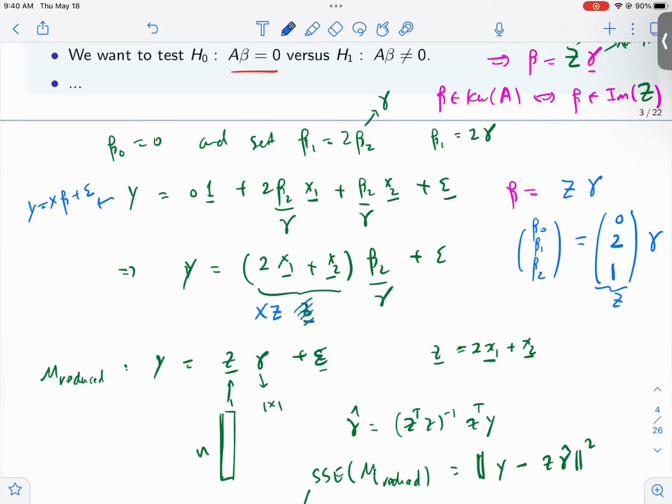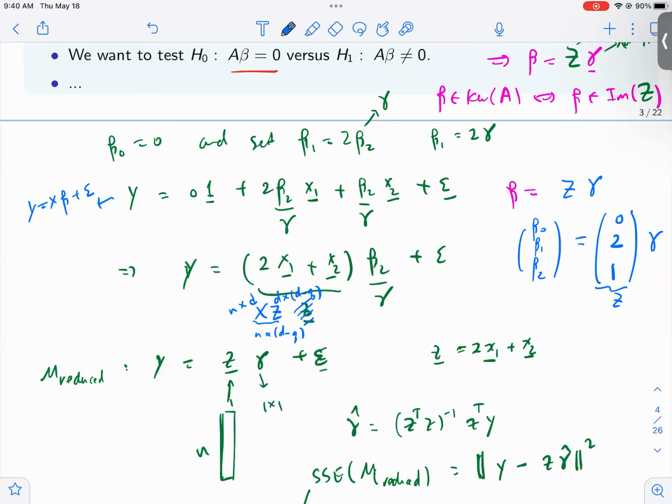And in general, X is N by D, and Z is D by D minus Q. So this thing is going to be N by D minus Q. This is going to be a vector: 2 x1 plus x2.